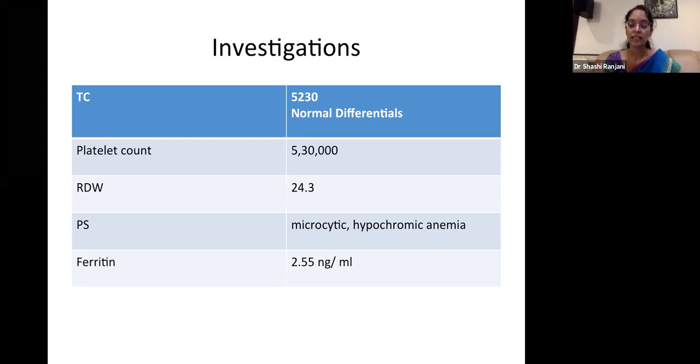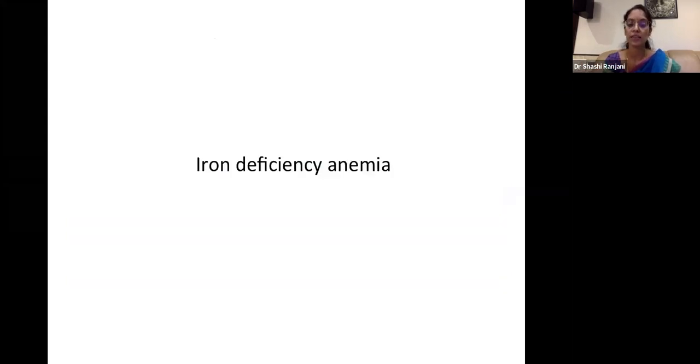And the second thing is, this child came with a hemoglobin of 3.7. Do we transfuse the child or do we just follow up? This also depends. If the child is stable, if the parents understand the problem, then just by giving iron, we can follow up the child. So this is a child with iron deficiency anemia.